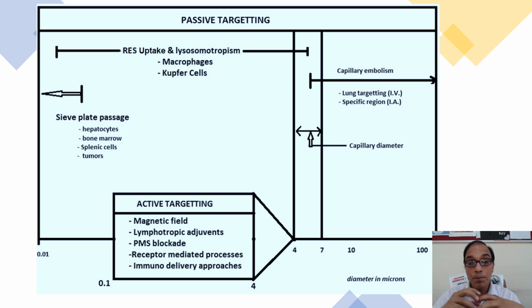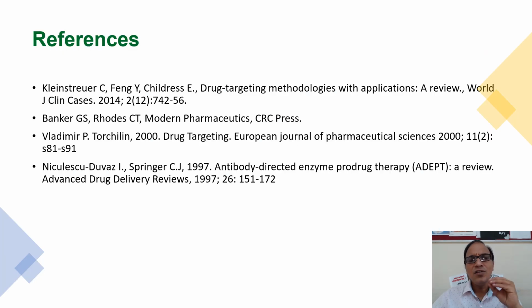So we can develop a targeted drug delivery system with the help of either passive targeting or active targeting. Now these are some references. You can go ahead, there are so many wonderful references.